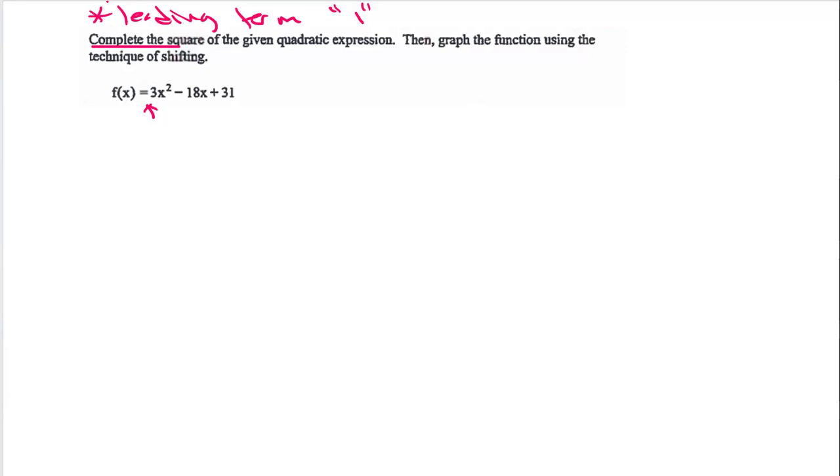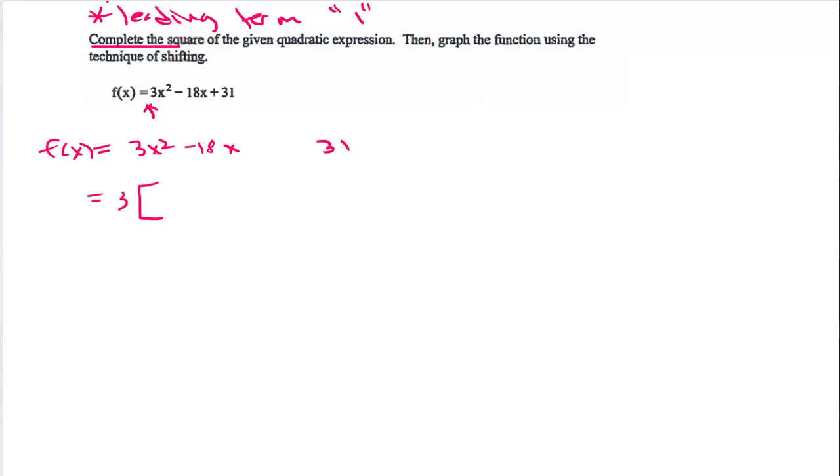So if we have, again, f(x) equals, notice what I'm going to do first is separate the 3x² - 18x and put the 31 aside like we did last time. In this case, I'm going to factor out whatever is in common between the first two terms. It looks like 3 is a common factor between these two terms, so I'm going to take out a 3.